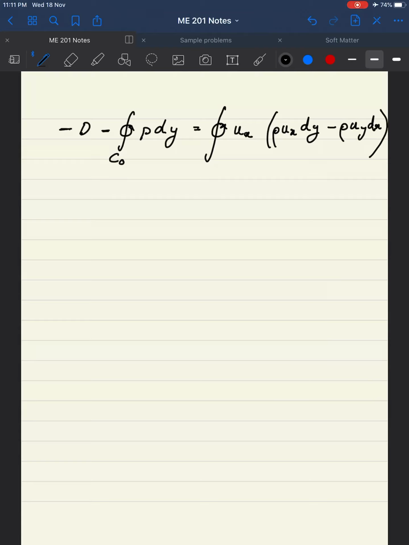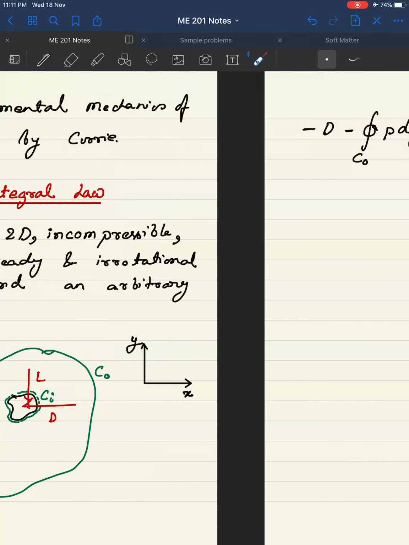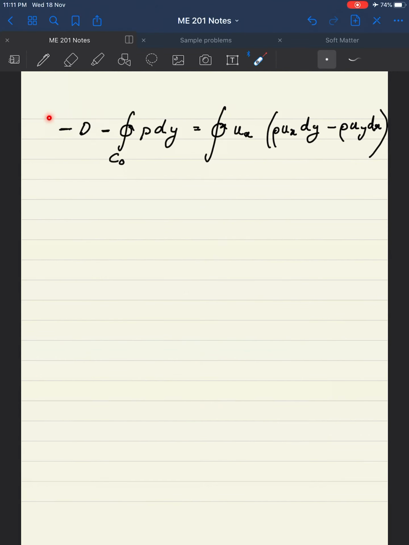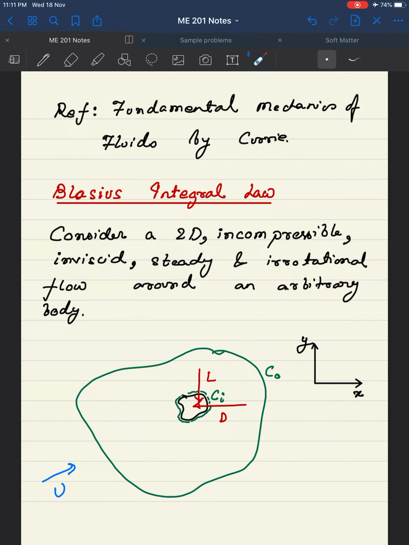And the reason this comes out to be of this form is because when you integrate the pressure on the inner contour, you end up getting minus D, and this is the other one. But we should show what the pressure etc.